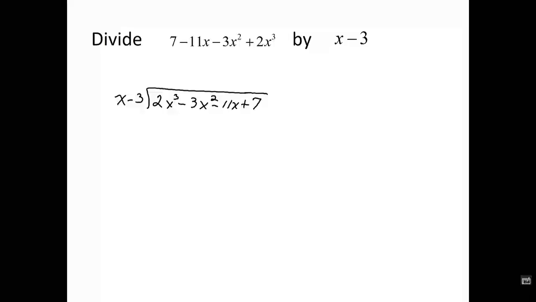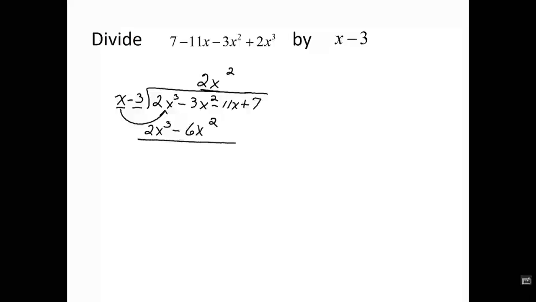And now we begin the process. We divide x into 2x cubed. X divided into 2x cubed is 2x squared. And now we multiply. 2x squared times x is 2x cubed. 2x squared times the negative 3 is a negative 6x squared.